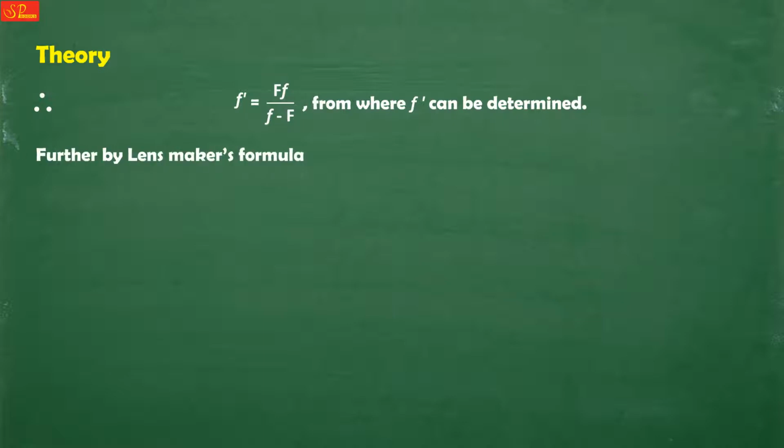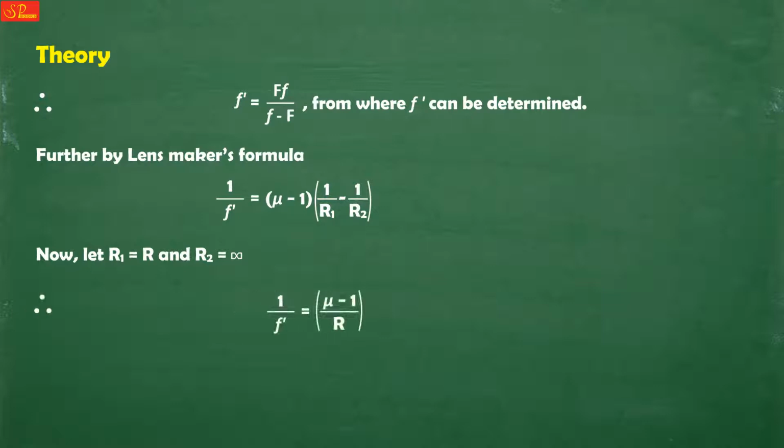Further, by the lens maker's formula, 1 by f dash equals mu minus 1 into 1 by r1 minus 1 by r2. Now let r1 equal r and r2 equal infinity. Therefore 1 by f dash equals mu minus 1 by r.